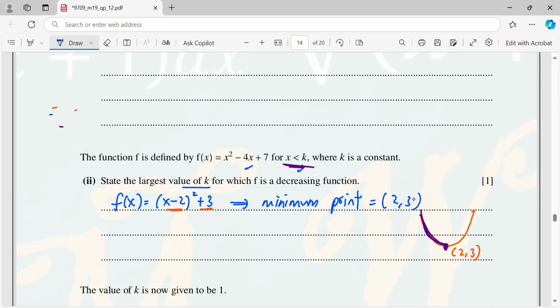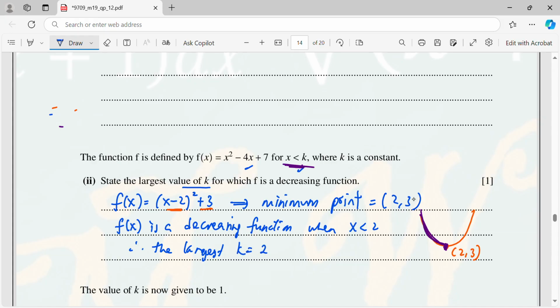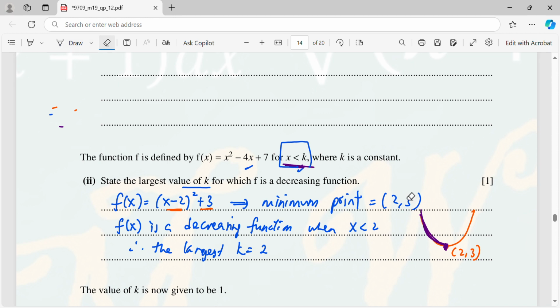So from here, you can just write f(x) is a decreasing function when x is less than 2. Therefore the largest k equals 2, because when we compare with this x less than k, x less than 2, which means your k is 2. So that is the largest k.